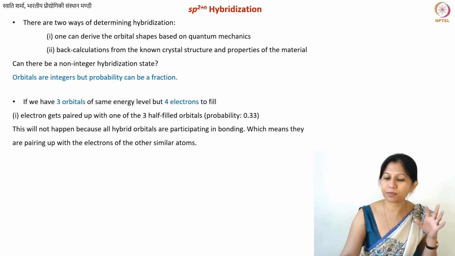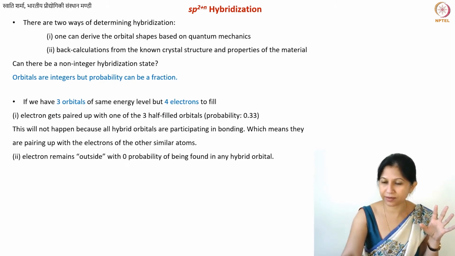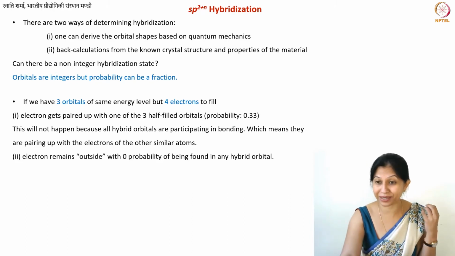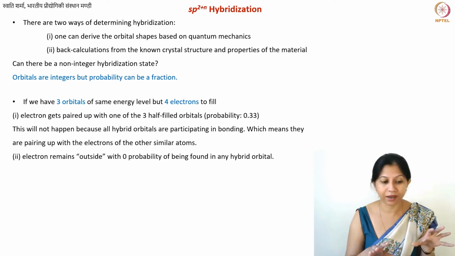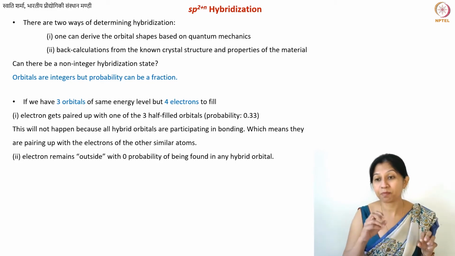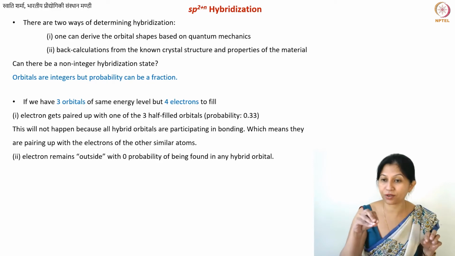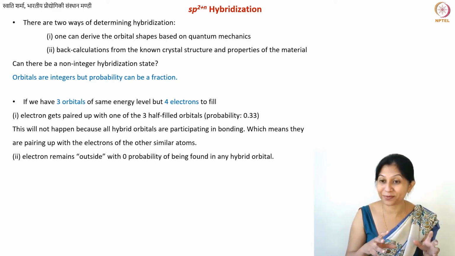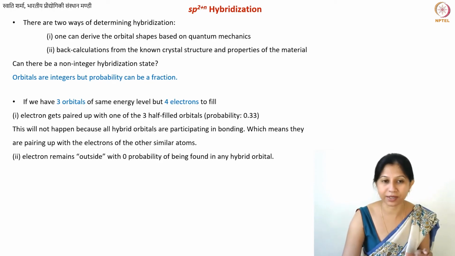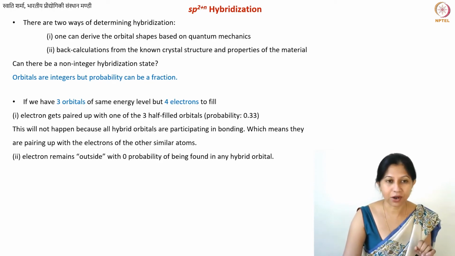Okay, so this particular scenario will not really take place if we are talking about hybridization or hybrid orbitals. This could take place if this was not happening at the time of bonding. So if we were not talking about hybridized orbitals, in that case the 4th electron could have the probability of going and pairing up with 0.33, but that is not the scenario we are talking about. 3 hybrid orbitals. Okay, so this will not happen.